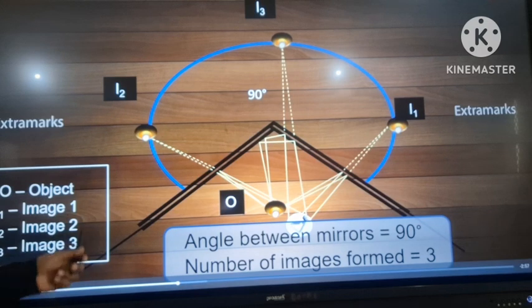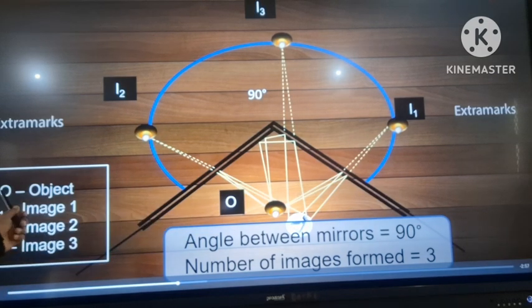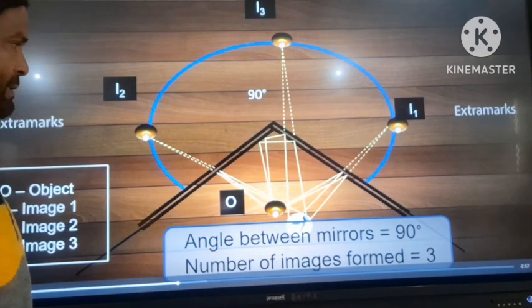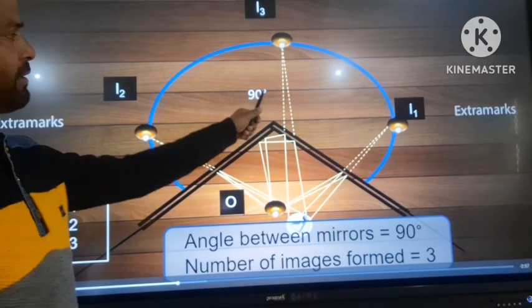The object is O, and its images will form: 1, 2, 3. Three images form by reducing the angle to 90 degrees.